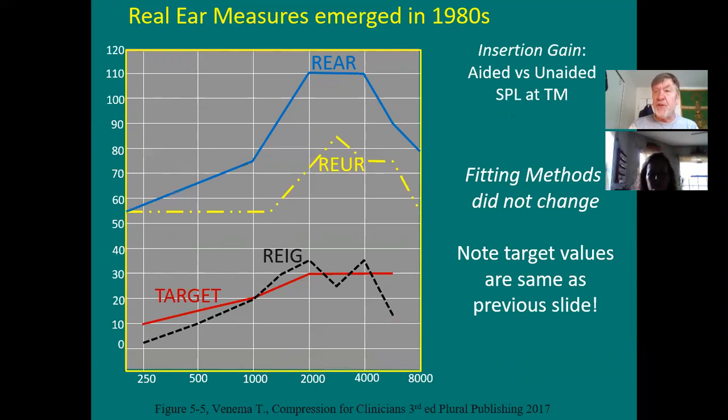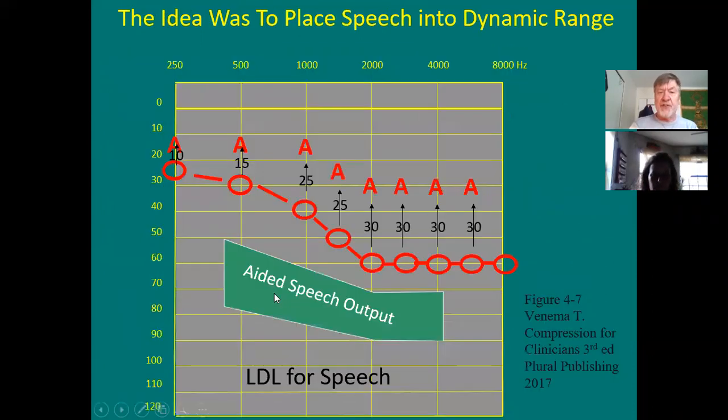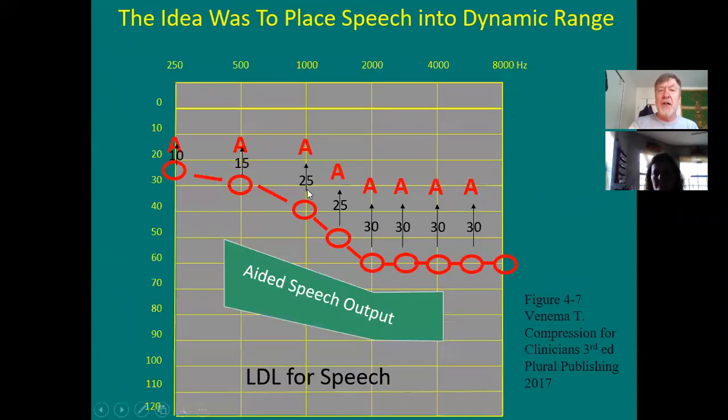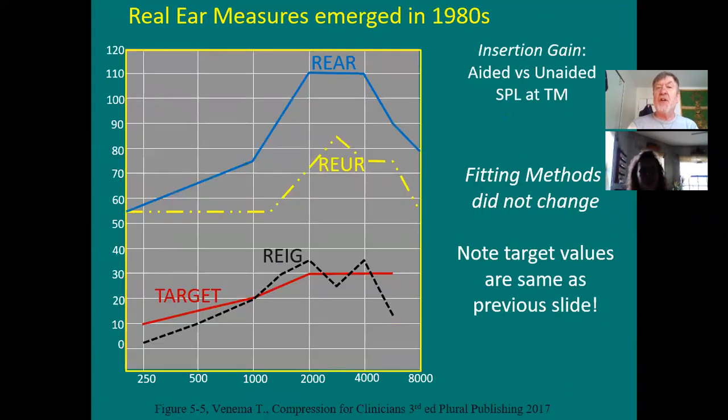Okay, so then came early real ear, which left that away, but it kept the same targets. The fitting methods didn't change. So notice the target here is exactly the same as the letter A's. Okay, just to highlight that fact. It's not that the fitting methods changed. It's just that instead of using the client's hearing loss as the anchor, they used the client's real ear unaided response as the anchor.